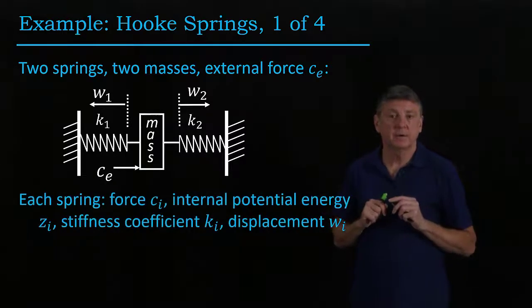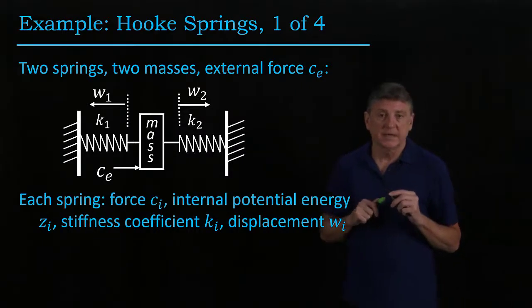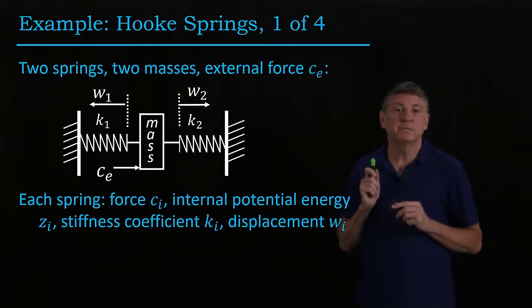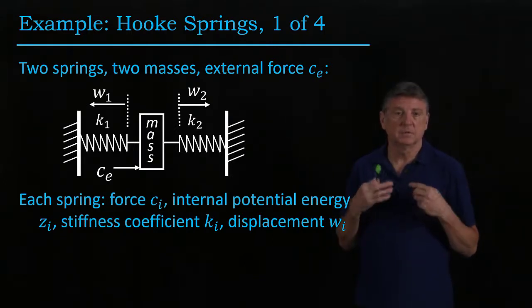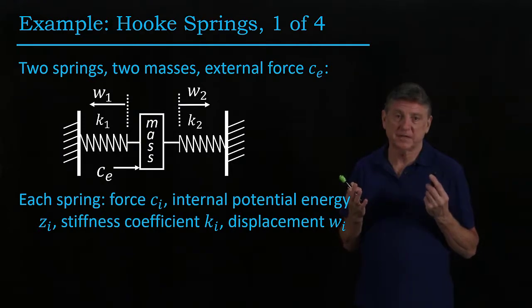So here are the variables and the constants. Each spring will produce a force, and we'll refer to this force as C. The reason is that if we referred to it as F, we might get it confused with our objective, right?